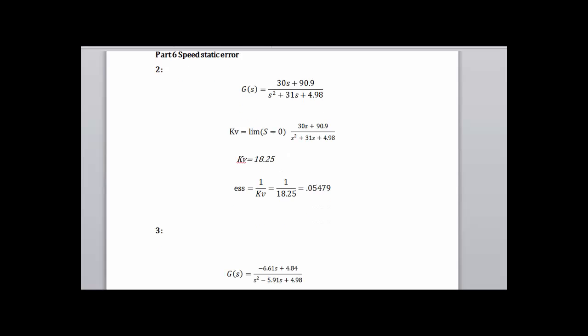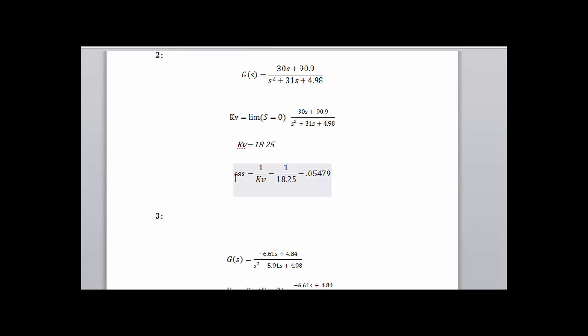And then we continue in this part. We get that the static error is 1 over the constant value, and we get that the static error is 0.05479.